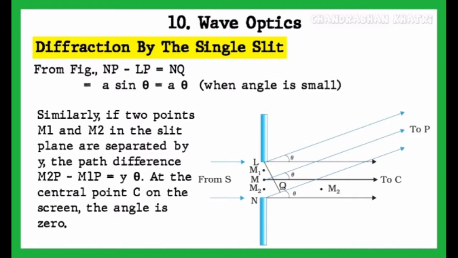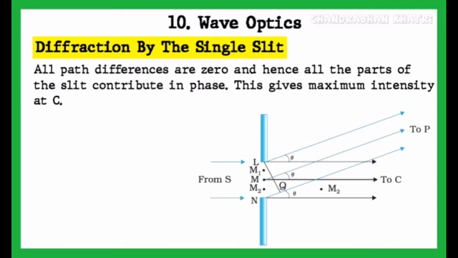At the central point C on the screen, the angle is 0. All the path differences are 0 and hence all the parts of the slit contribute in phase.